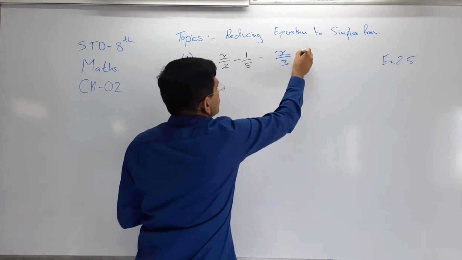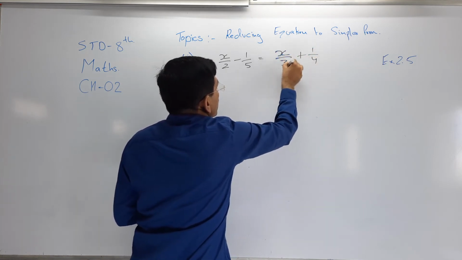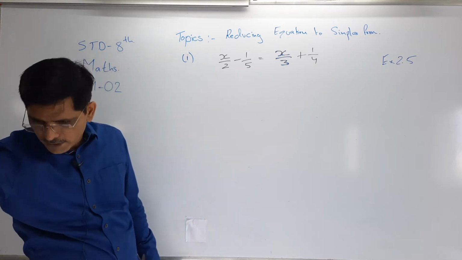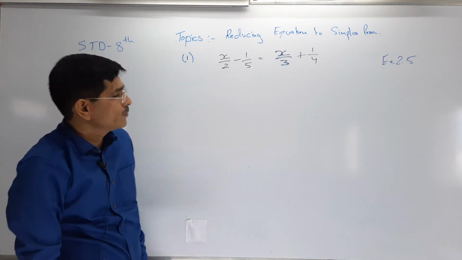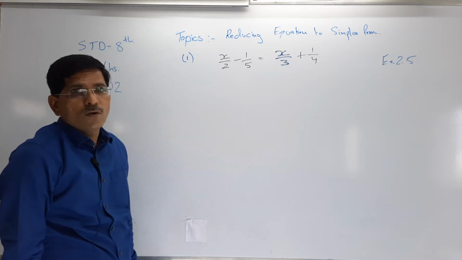We have to write the question first: x by 2 minus 1 by 5 is equal to x by 3 plus 1 by 4.